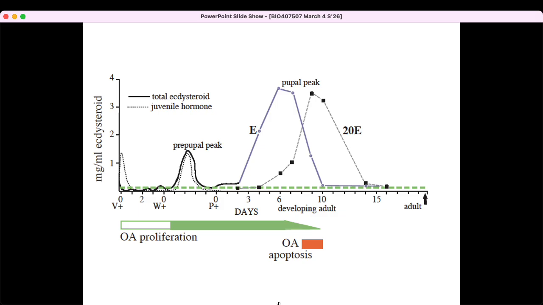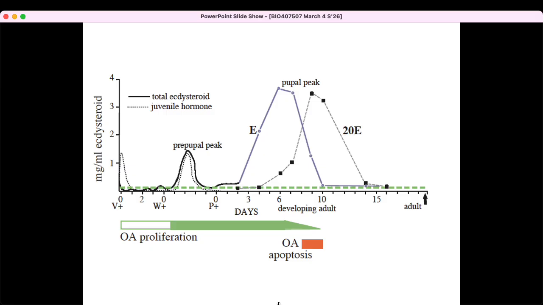Probably in the 1940s, they were trying to purify this molting hormone, involved in the ecdysis molting process in arthropods. They purified it in insects, and they said, we're going to call it ecdysone.